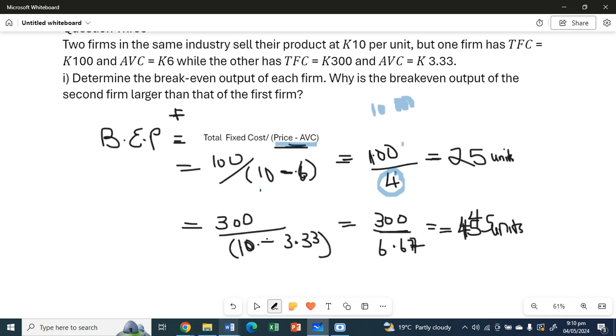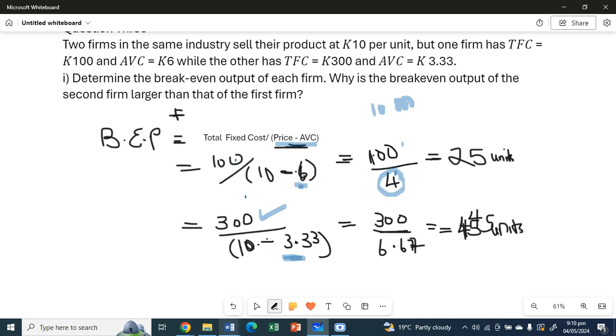As you can see here, firm 2 has a higher fixed cost. Its variable cost is low. Notice the variable cost for firm 2 is lower than the one for firm 1, but the fixed cost for firm 2 is higher than for firm 1.